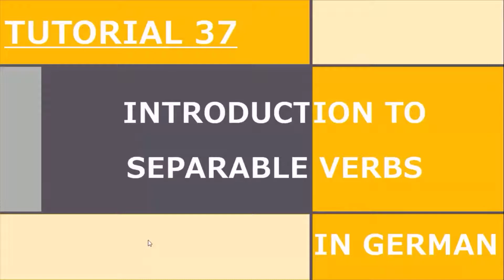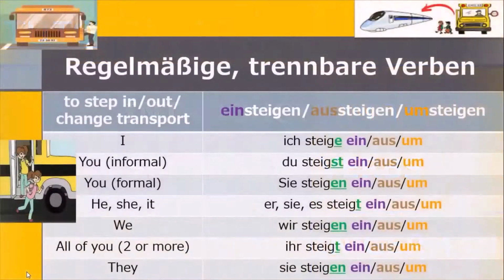So moving on, separable verbs are called trennbare Verben in German.